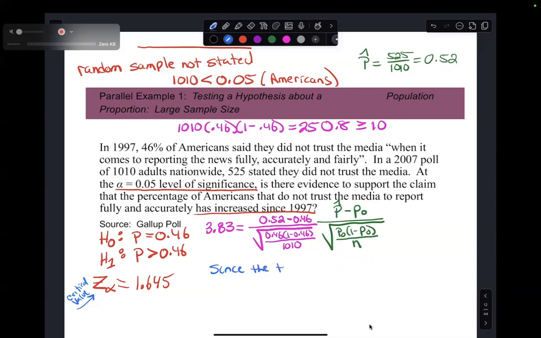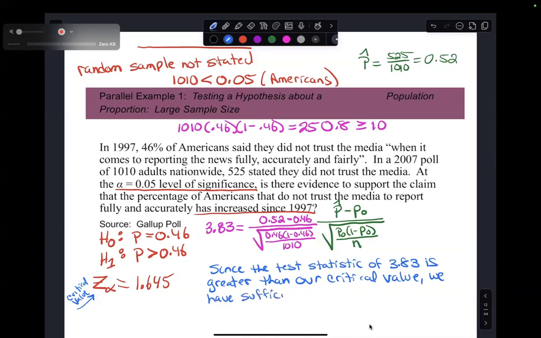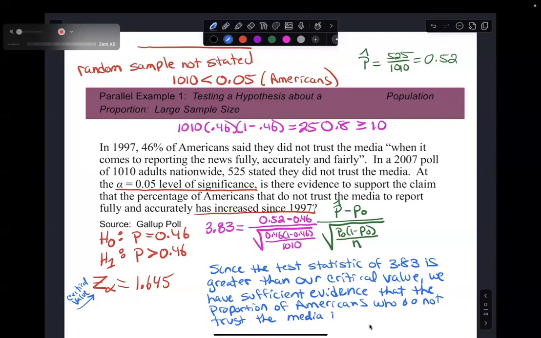Since the test statistic of 3.83 is greater than our critical value, we have sufficient evidence that the proportion of Americans who do not trust the media is greater than 46%.